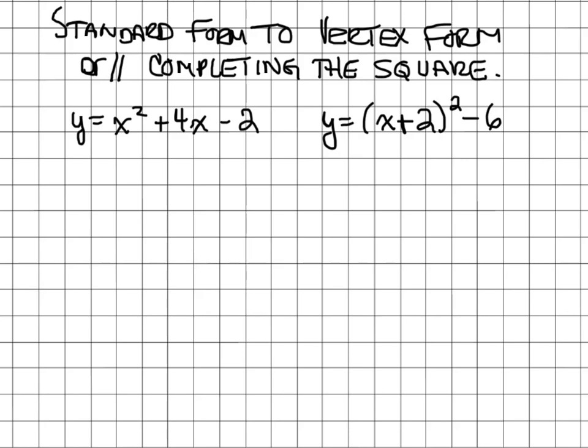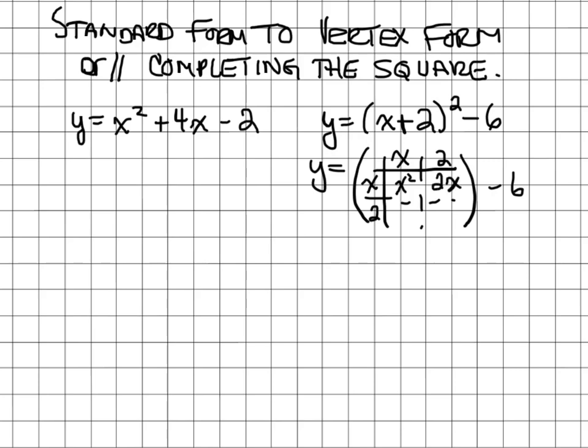And I'm going to prove to you that those are in fact the same, because I'm going to expand and simplify this one so that you can see it. So y equals, and I have my brackets, and into my chart. So I have x plus 2 times x plus 2: x squared, 2x, 2x, 4.